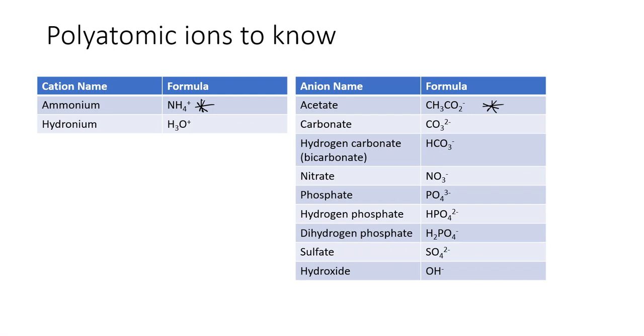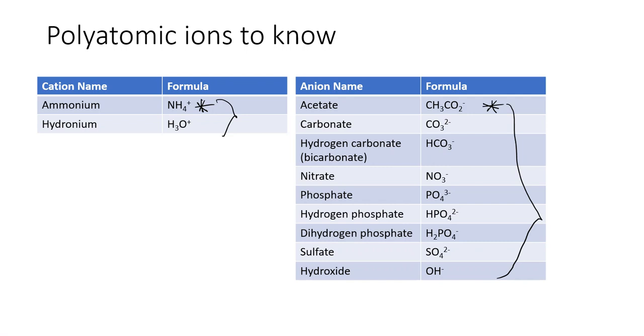So these are known as polyatomic ions. And most of them are anions. And we have a few cations. So these ones are cations, these ones are anions.